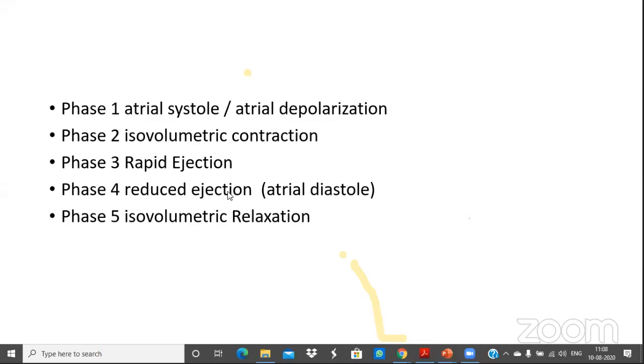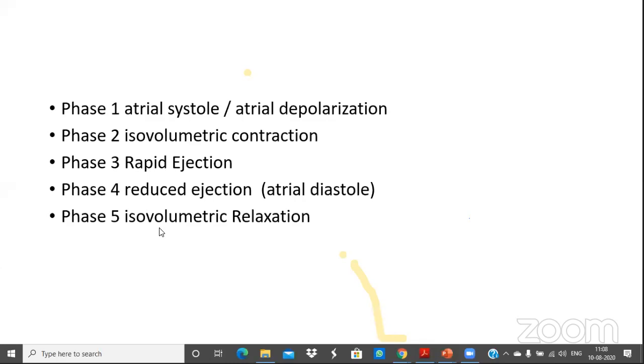And reduced ejection. Reduced means relaxation, or ventricular diastole. At the same time, atrial diastole also takes place. When the reduced ejection takes place, the semilunar valve shuts, so that the second sound comes. Here, isovolumetric relaxation, this term is used here in the atrial filling.